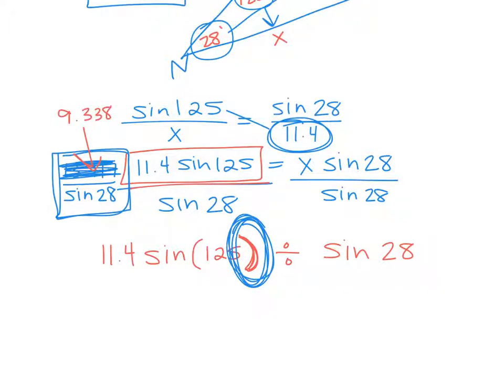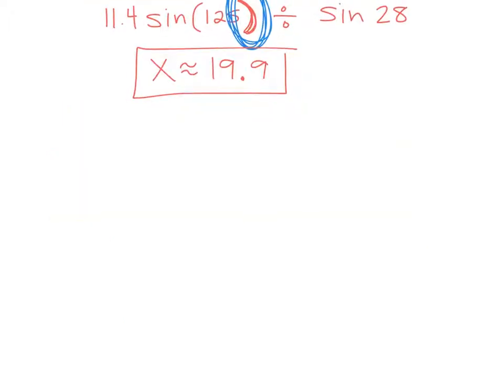So if you did it that way, 9.338 divided by sine 28, and you get to the nearest tenth then, x would be approximately 19.9. Okay, so maybe try that out real quick on your calculator and see which way you prefer it, and get used to doing it that way then. Okay, are there any questions on that one? All right, second one.